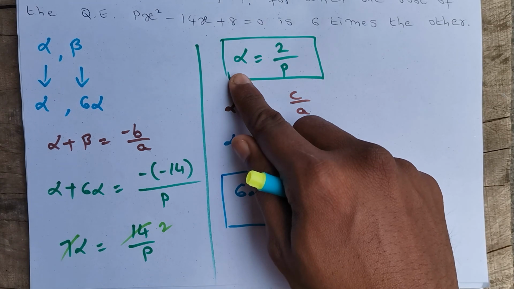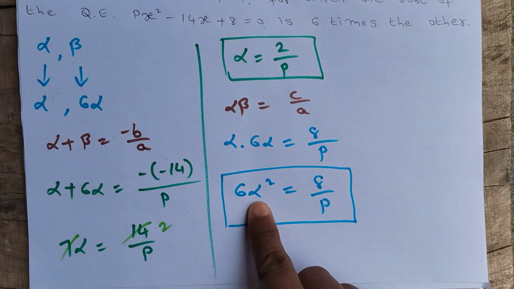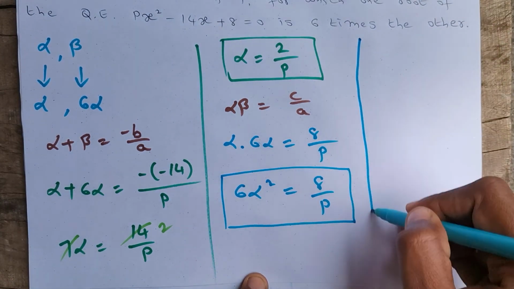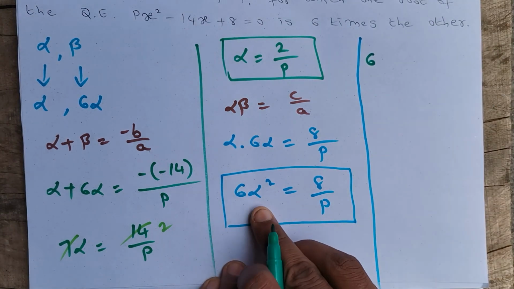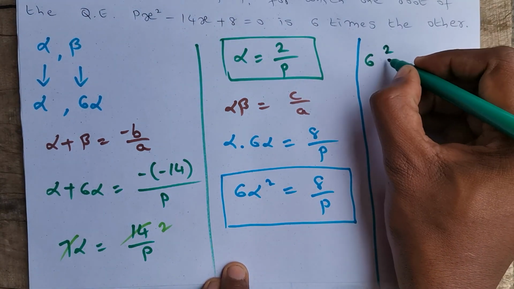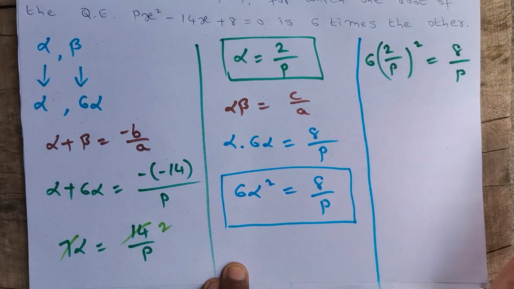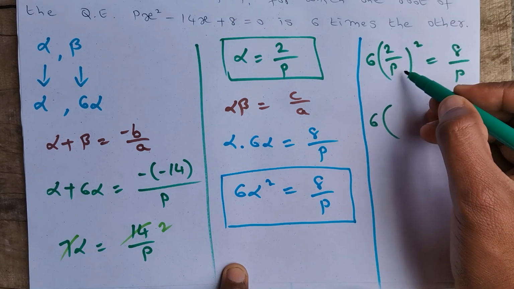Here we got the alpha value as 2 divided by p. So this alpha I am going to substitute in the place of alpha here. So what will we get then? 6 as it is, in the place of alpha 2 by p, 2 by p whole square, which is equal to 8 divided by p. So 6 into, this square is for numerator as well as for denominator.